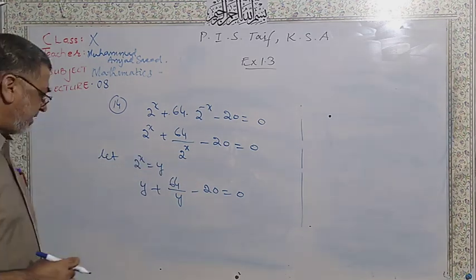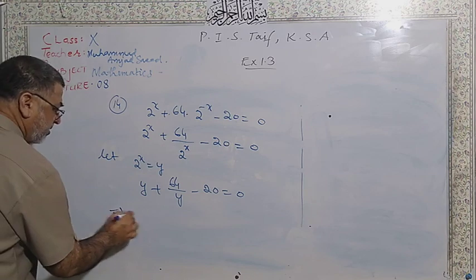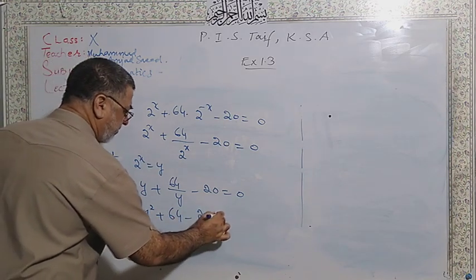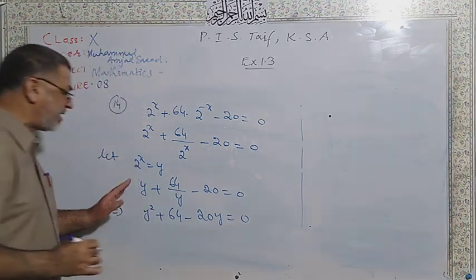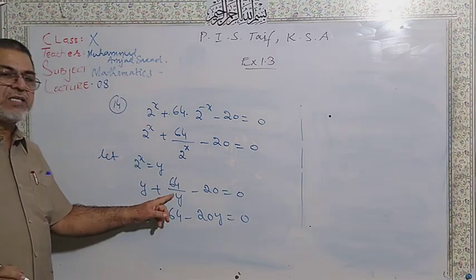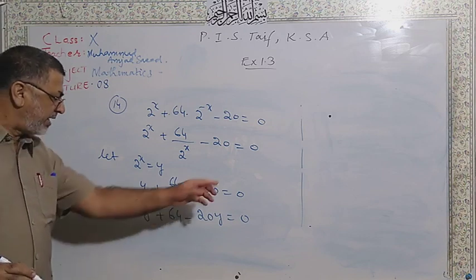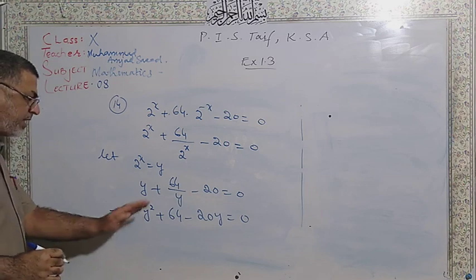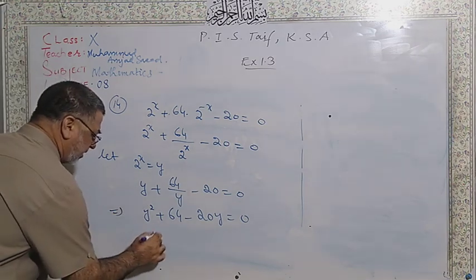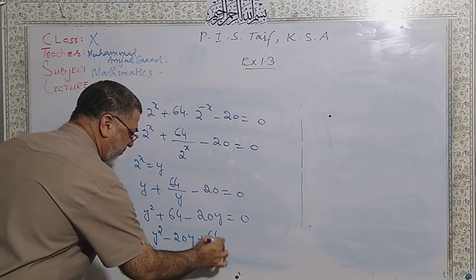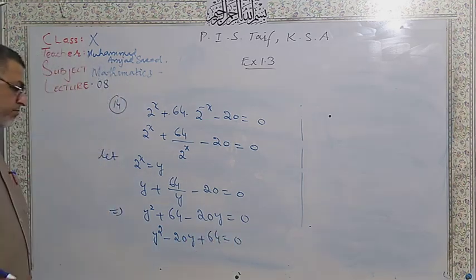Multiplying by LCM, you will get y square plus 64 minus 20y is equal to 0. Remember that each and every term is multiplied by LCM, and LCM was y. So multiplying by y, this y cancelled out here, y square minus 20y. Write down in proper order: y square minus 20y plus 64 is equal to 0.